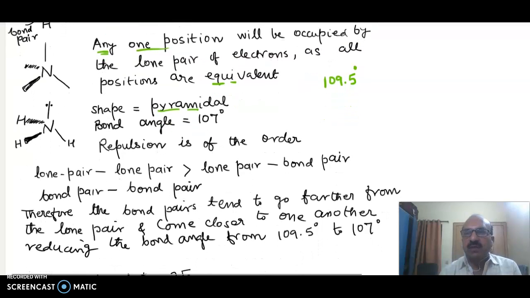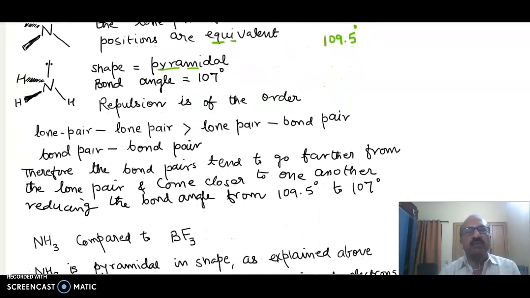So the rule that we consider is the order of repulsion: the repulsion between a lone pair and another lone pair is greater than the repulsion between a lone pair and a bond pair, which is greater than the repulsion between a bond pair and a bond pair.